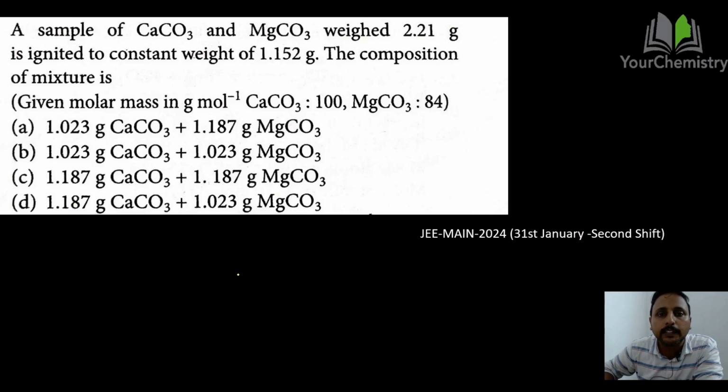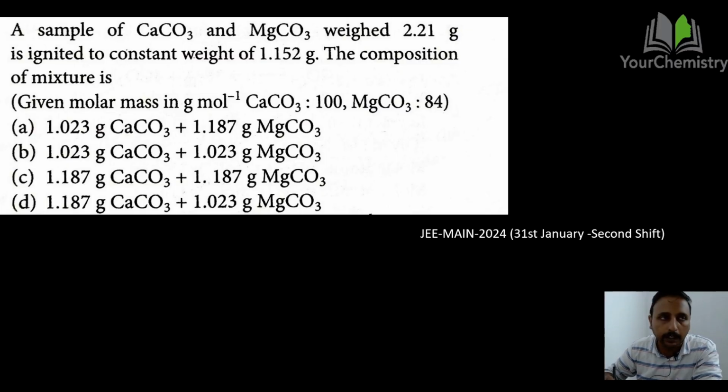A sample of calcium carbonate and magnesium carbonate weighing 2.21 grams is ignited to a constant weight of 1.152 gram. Find the composition of the mixture. Composition means how many grams of calcium carbonate and how many grams of magnesium carbonate are there in the 2.21 grams. This is the fundamental of composition.